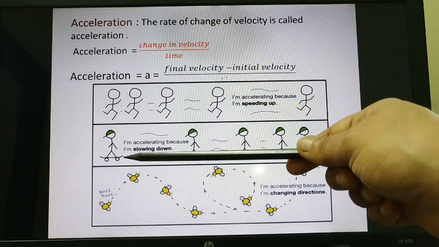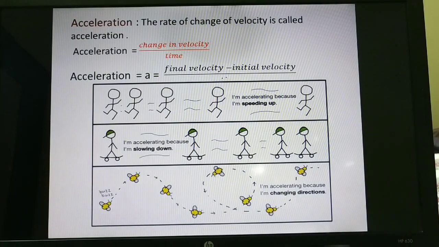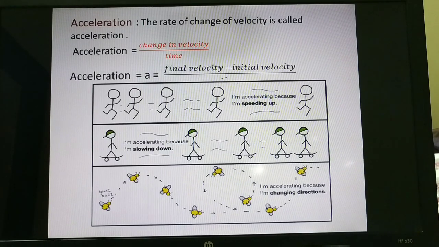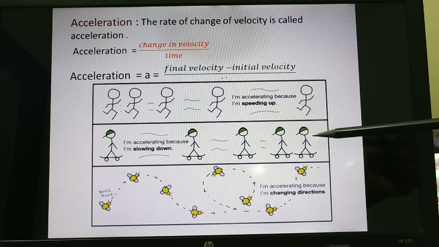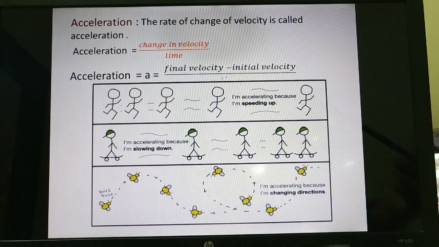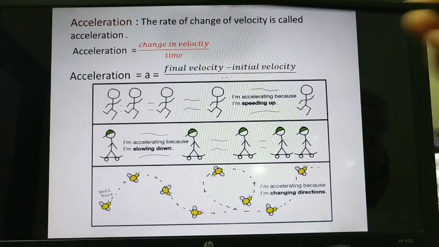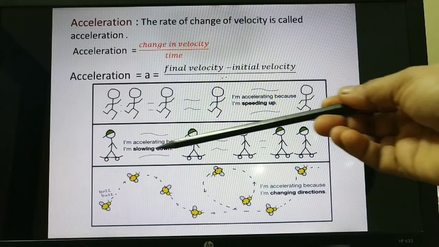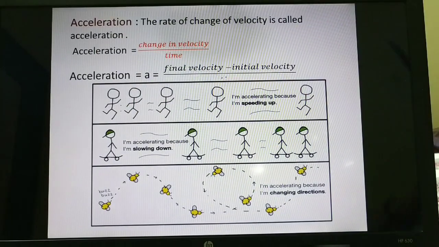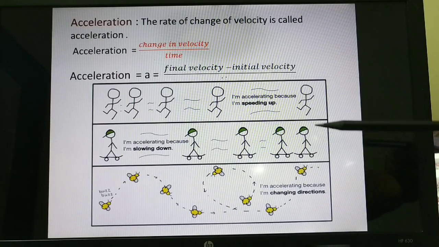Here you see the boy moving on skates, and he was very fast. Then he needed to stop somewhere, so he slowed down his speed. Here also there is a difference in his speed, and a difference in his acceleration.